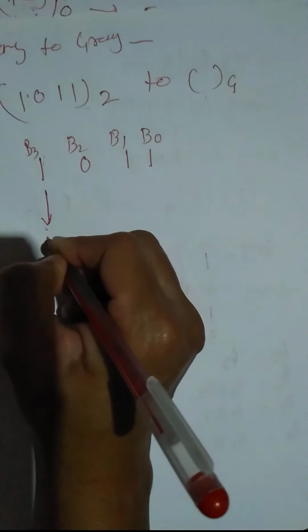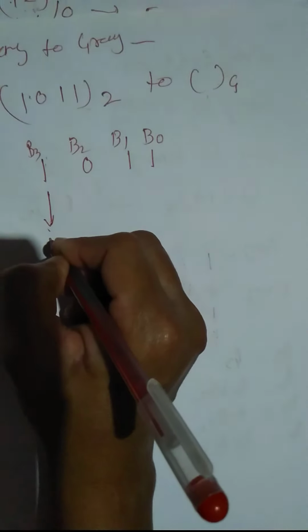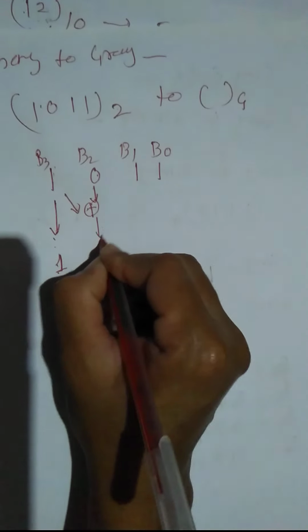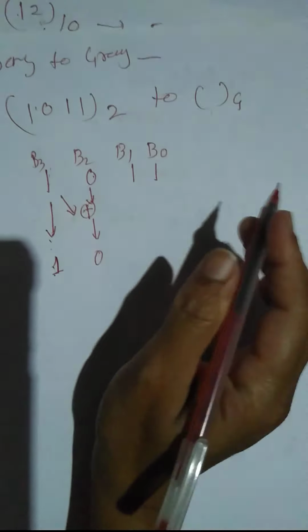Note that the MSB bit, a 1, goes directly into the MSB of the gray code answer. Next, we add the next bit, XORing: 1 plus 0 is 1, so the answer is 1. The carry is neglected in this conversion.